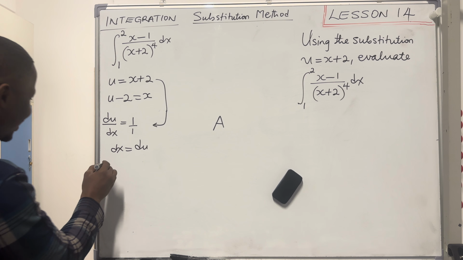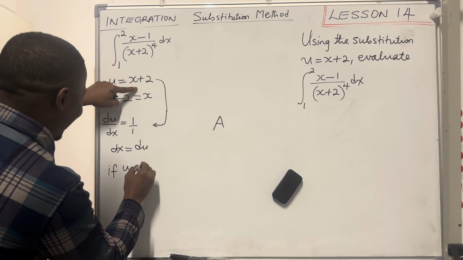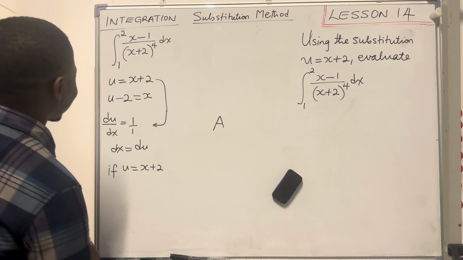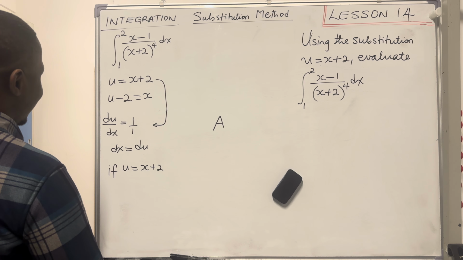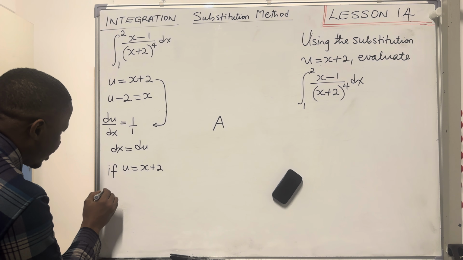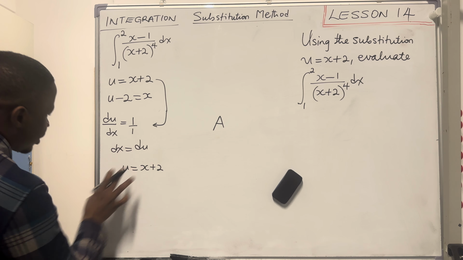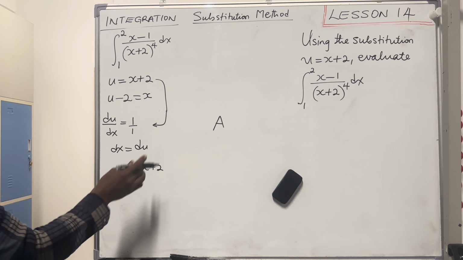All right. So we say if u is equal to x plus 2, u is x plus 2. So how do we bring the new limit? Let's just do it this way.